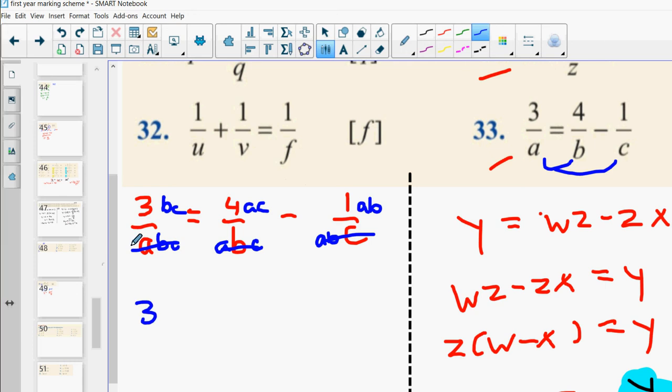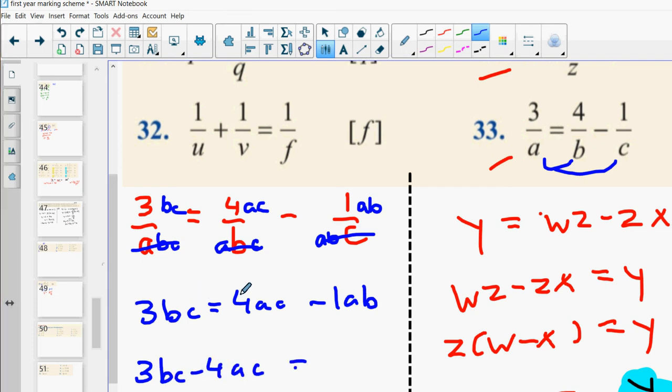And that leaves me with 3BC equals 4AC minus 1AB. I want C's, so anything that has a C in it needs to go to the left. So 3BC minus 4AC equals minus 1AB. Take out C, and what do we have?